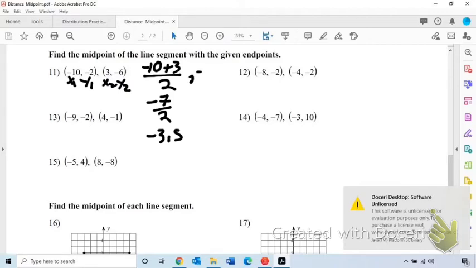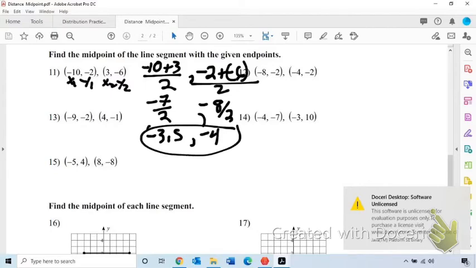We then have negative 2 plus negative 6. And that's going to give us negative 8 over 2 or negative 4. And that, ladies and gentlemen, is the midpoint. So that's halfway between those 2 points.